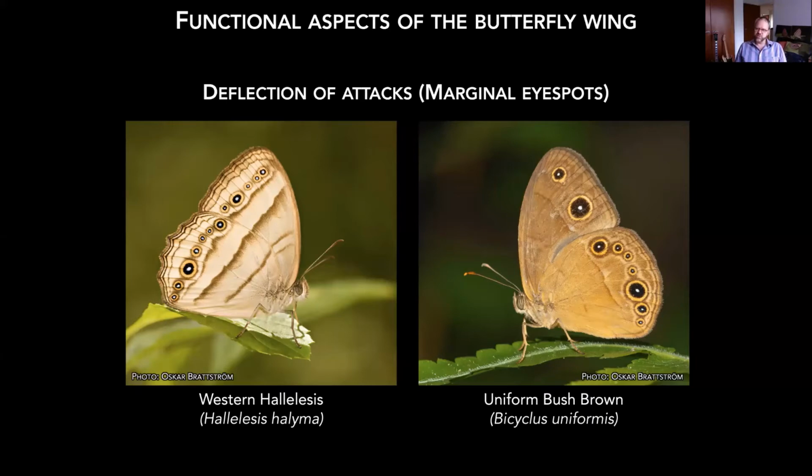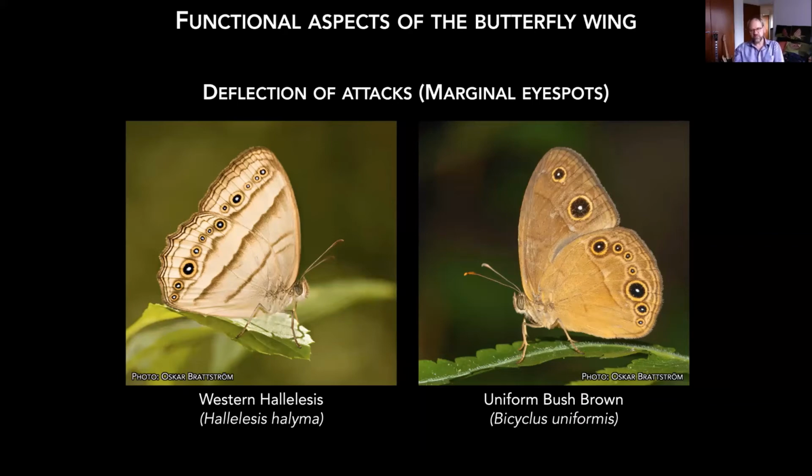And it's been shown in laboratory experiments that predators such as mantises, who are big predators on butterflies, target these eye spots because they believe it's the head of the butterfly. And this edge of the butterfly wing, they can manage to survive without. So it's basically a way to deflect an attack away from parts of the animal that they can manage without.